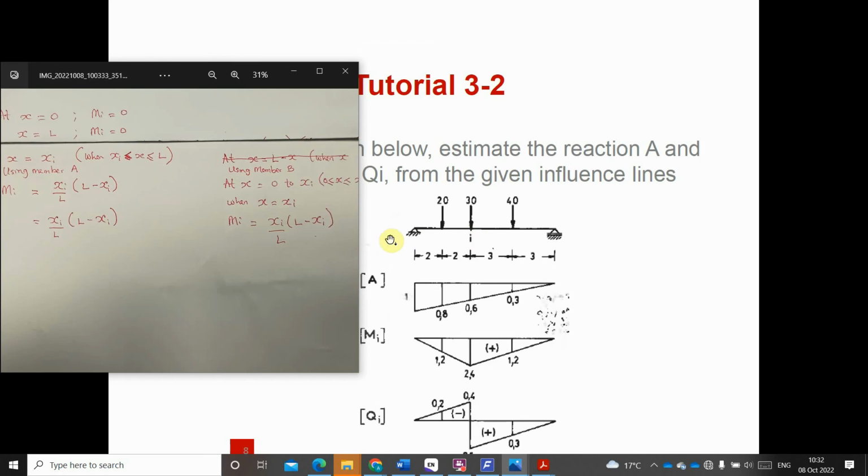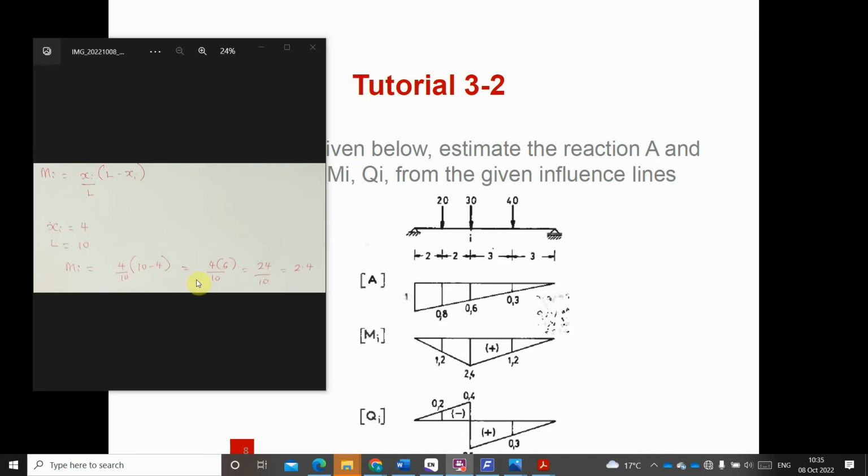So if we substitute 4 into that, we have 4 over L, which is this total span, 10. 4 over 10 times L minus ξ, which is 10 minus 4, that's 6. Now 4 times 6 divided by 10 is 24 over 10, which is 2.4. That is why we have 2.4 here. I think it is clear enough now. So this is the calculation of 2.4.